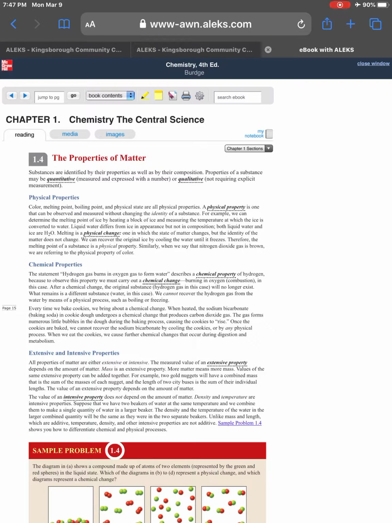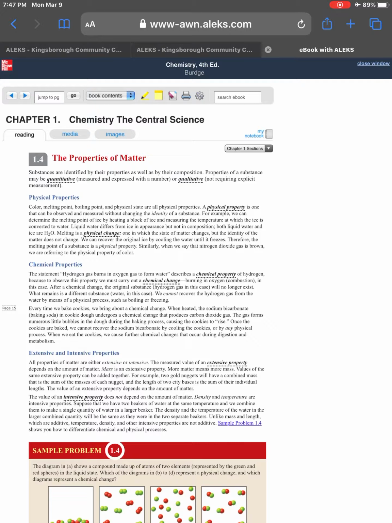The temperature that something melts at: for example, water at atmospheric pressure melts at 0 degrees Celsius or 32 degrees Fahrenheit. The boiling point, that's the temperature at which something undergoes a conversion from a liquid to a gas under atmospheric pressure. The boiling point of water is 100 degrees Celsius or 212 degrees Fahrenheit.